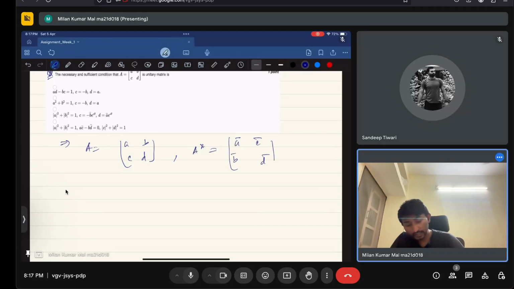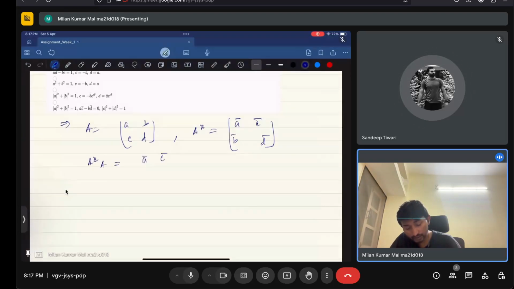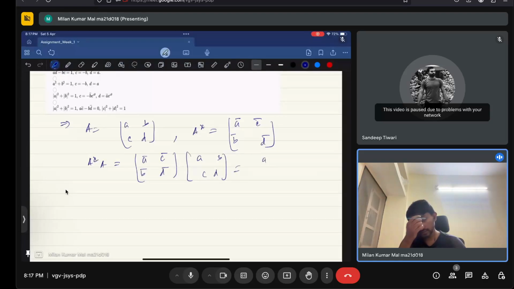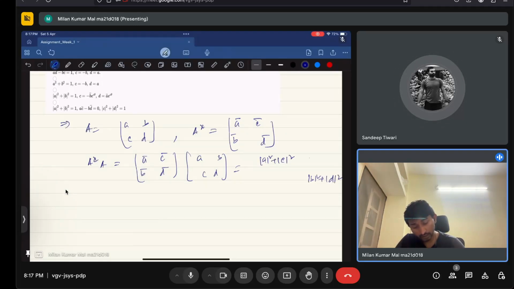So A star A is equal to [A bar, C bar; B bar, D bar] times [A, B; C, D]. That will be mod of A square plus mod of C square, and the diagonal is mod of B square plus mod of D square, and the cross diagonal will be A bar B plus C bar D, and here will be B bar A plus D bar C. This is the thing, right?